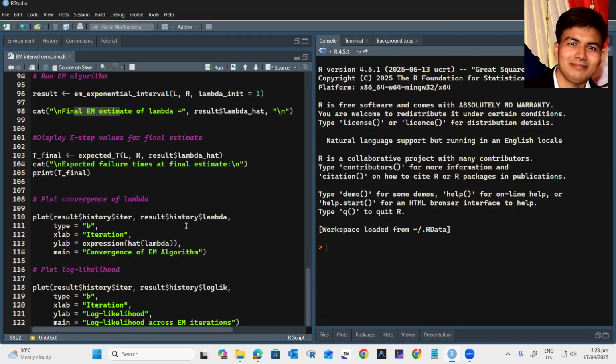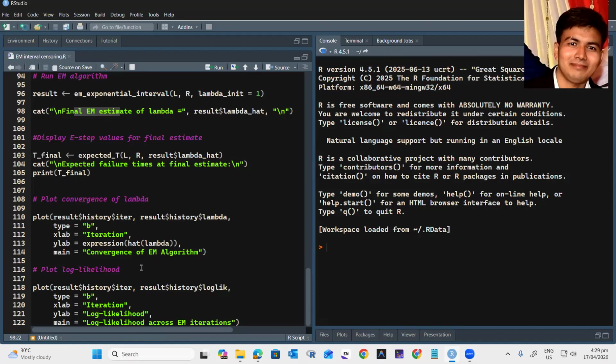And type b we are using here is for both points and line, and xlab, ylab and main are the axis labels and the main title, and expression we have hat lambda. So it will produce the Greek letter lambda with the hat. Okay, that is basically the mathematical notation we have.